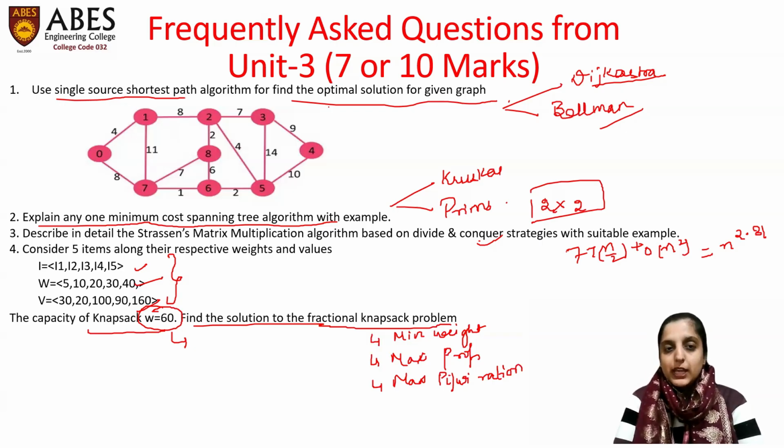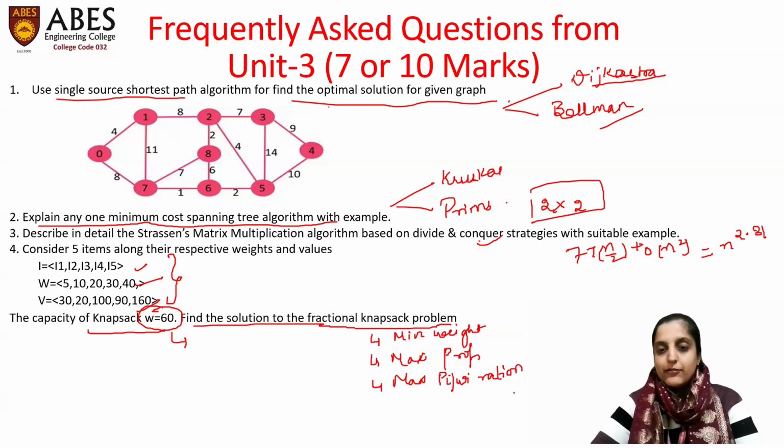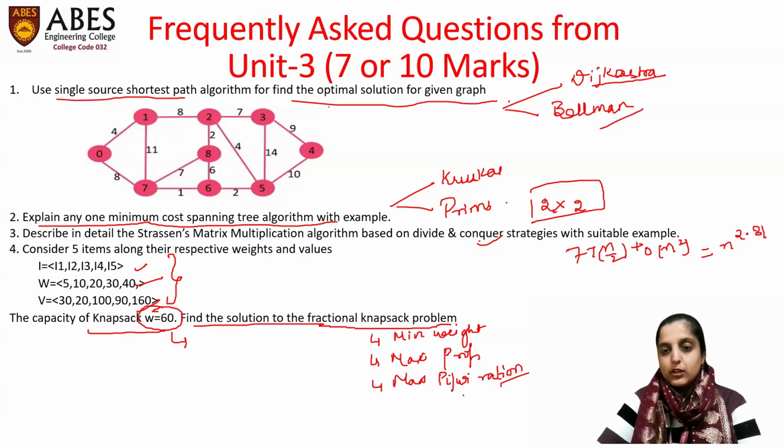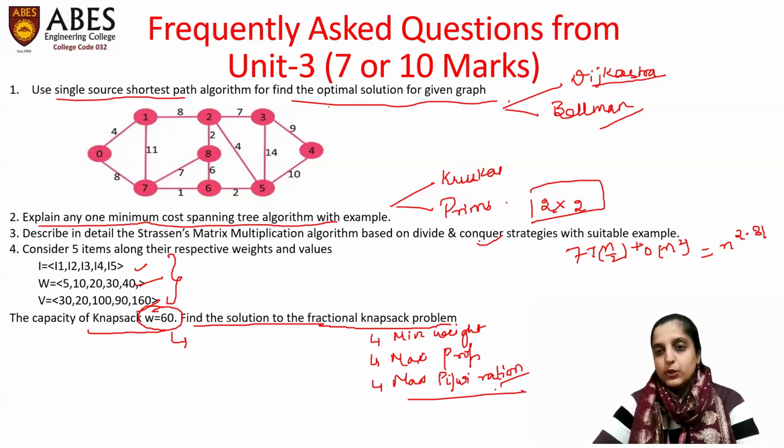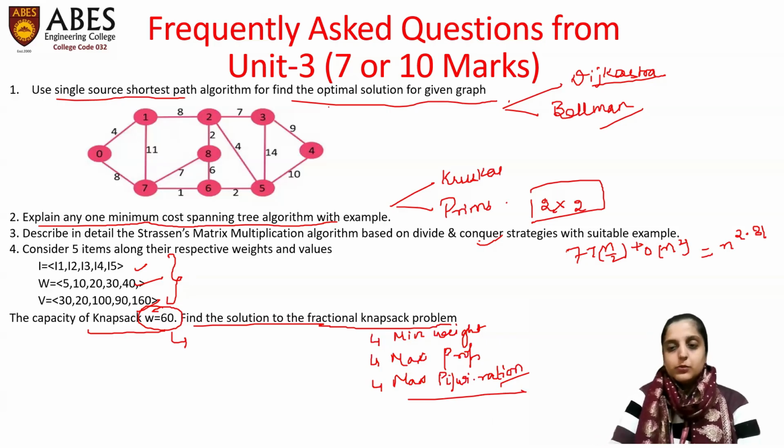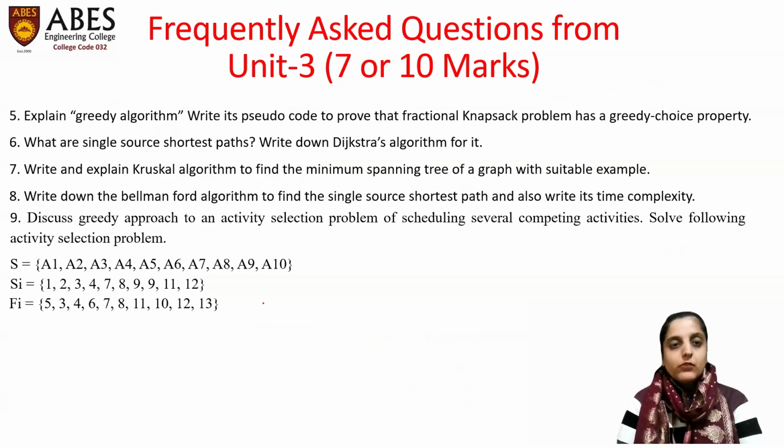If the question is asked for 10 marks and you have enough time, try to show all the approaches. But if you don't have enough time, then focus on this particular approach: solve every question with the max Pi by Wi ratio, because that one will be the optimal among all the possible approaches.